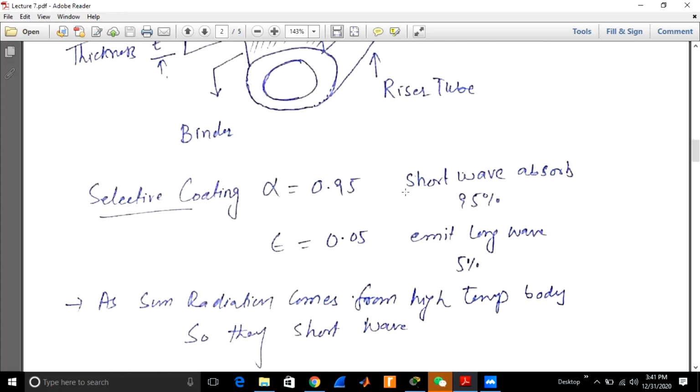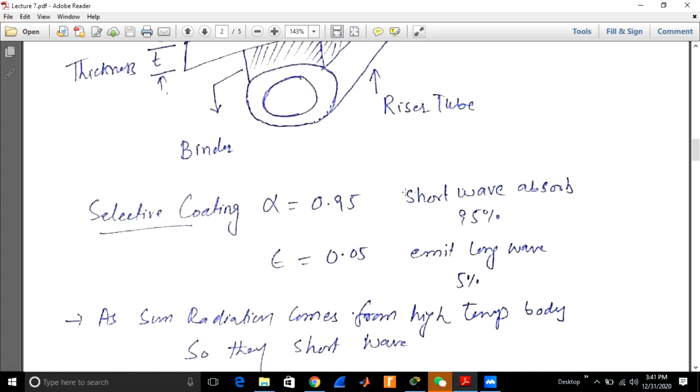But there are two types of waves. For the selective coating, the absorbability will be 0.95. What is meant by 0.95?